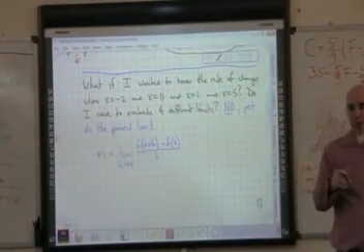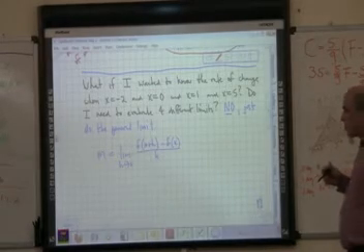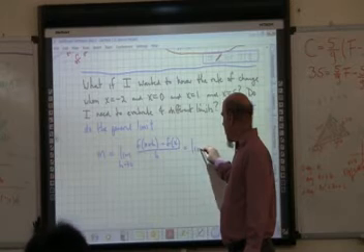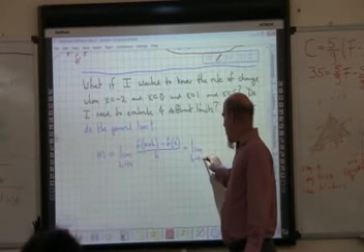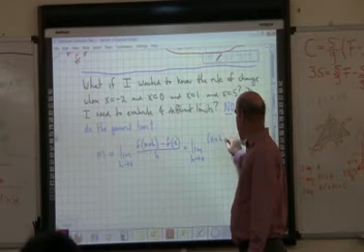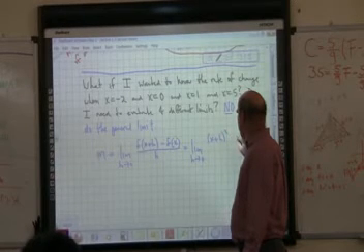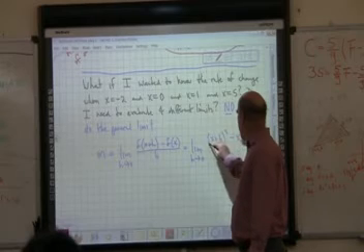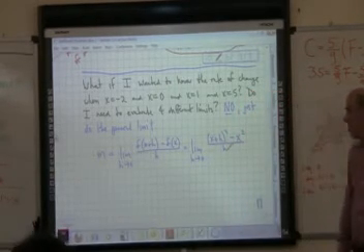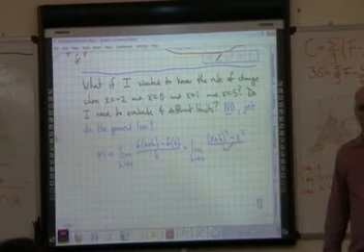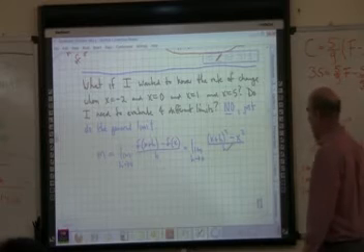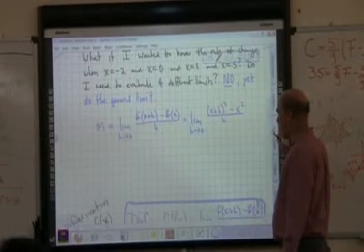I'm going to evaluate it for x. This is going to become x plus h squared minus x squared all over h. Not -2 plus h squared, just x plus h squared. And then we can go from there. We've done this before.